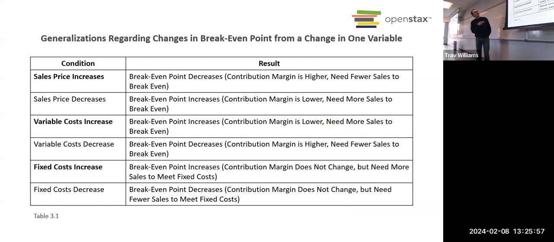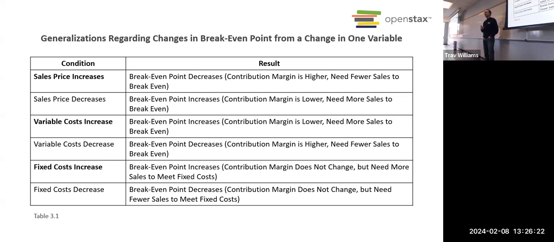So in general, if your sales price goes up, is it going to be easier or harder to reach break even? Easier, right? Because with the higher sales price, that's increasing your contribution margin. If your variable costs go up, is it going to be harder or easier to reach break even?